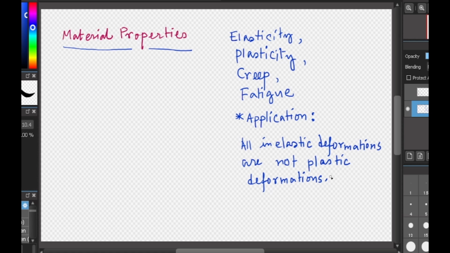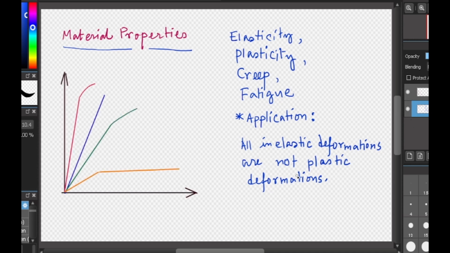Now I can show you the different modes of deformation. For example, here is one particular graph where the stress is given on the y-axis and the strain on the x-axis. The first one, which is red or pink in color, is a brittle failure.